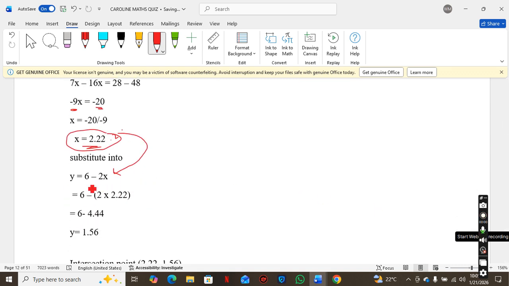So y equals 6 minus 2x. Substitute x with 2.22. 2 times 2.22, you get 4.44. 6 minus 4.44, you get 1.56.